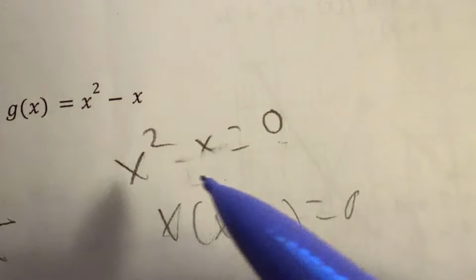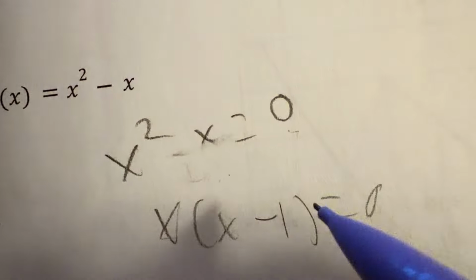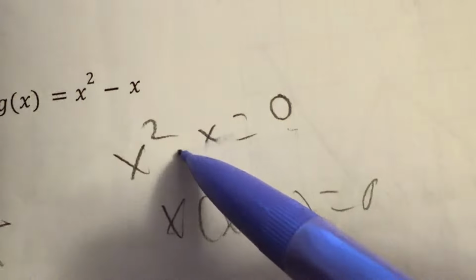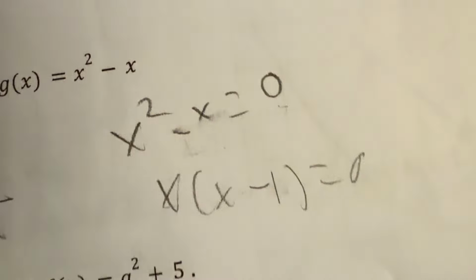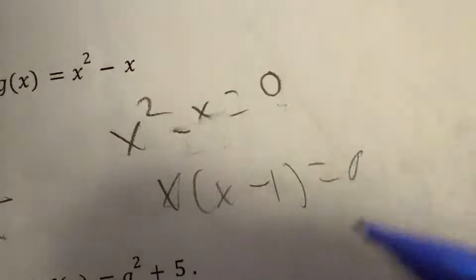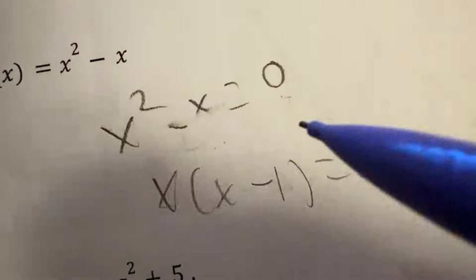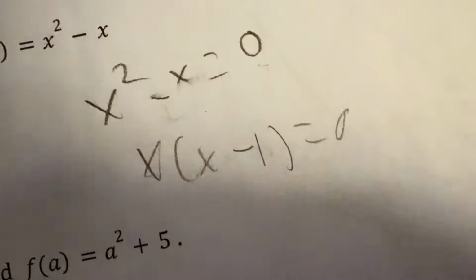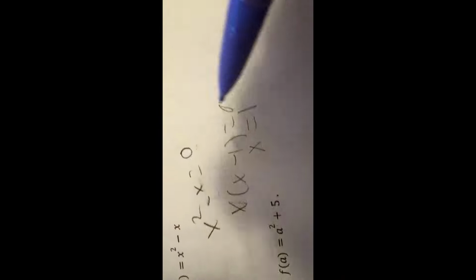Whenever you distribute it, you get x squared and then minus x. Okay, so then you wind up with x. Now remember, it doesn't equal. Okay, where's the pen?